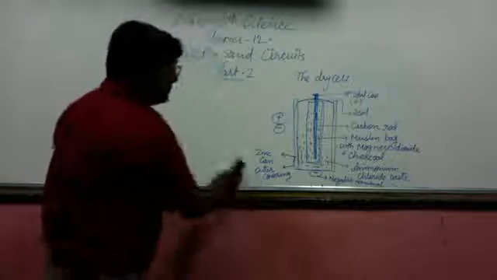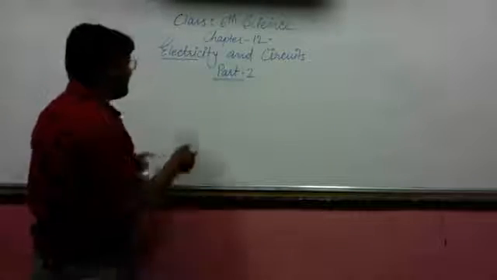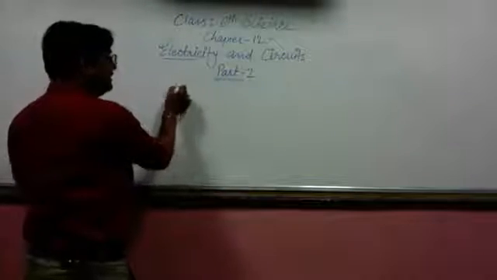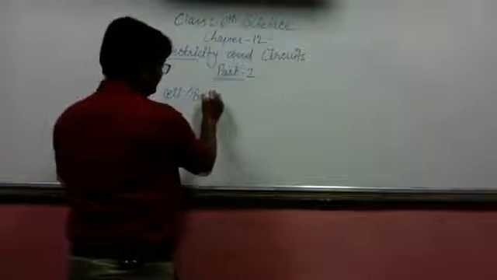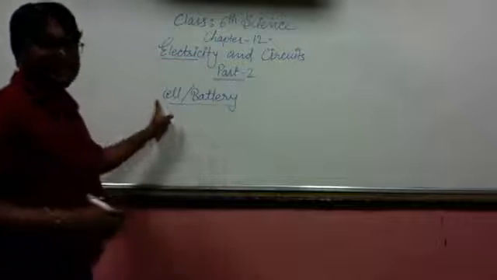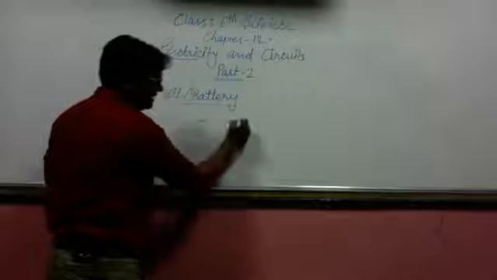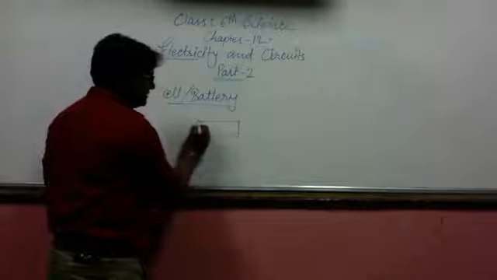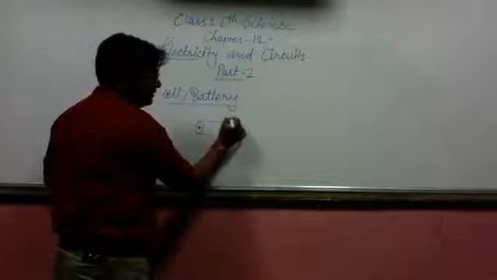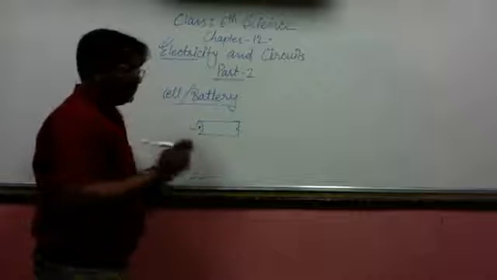Now let's learn about these cells. If we talk about the cell and the battery, what are cells basically? Cells are a single structure, just like the one I have made. A single one is called a cell.